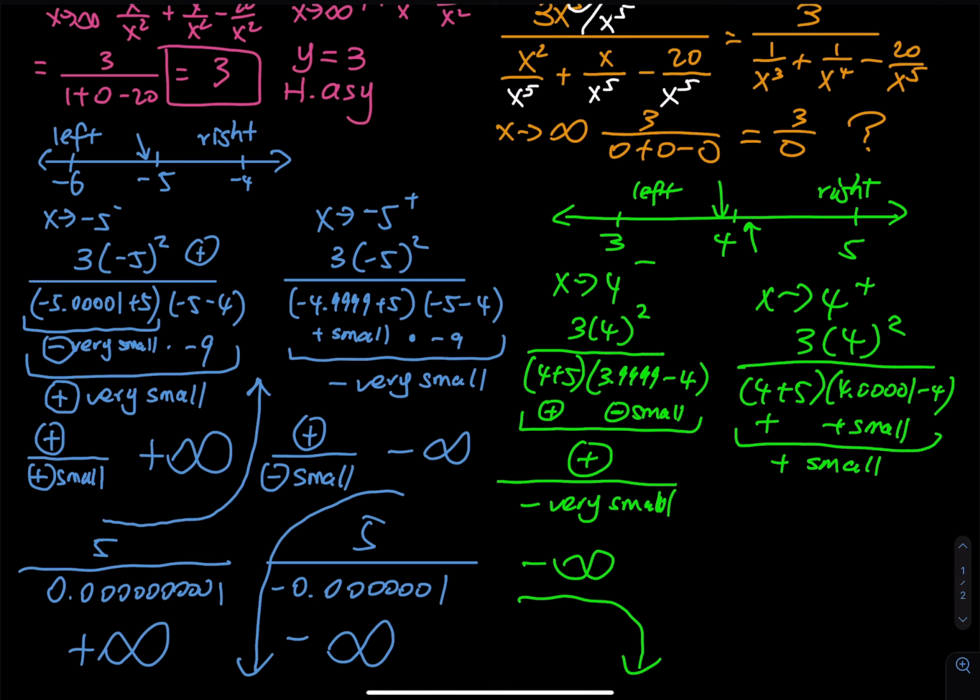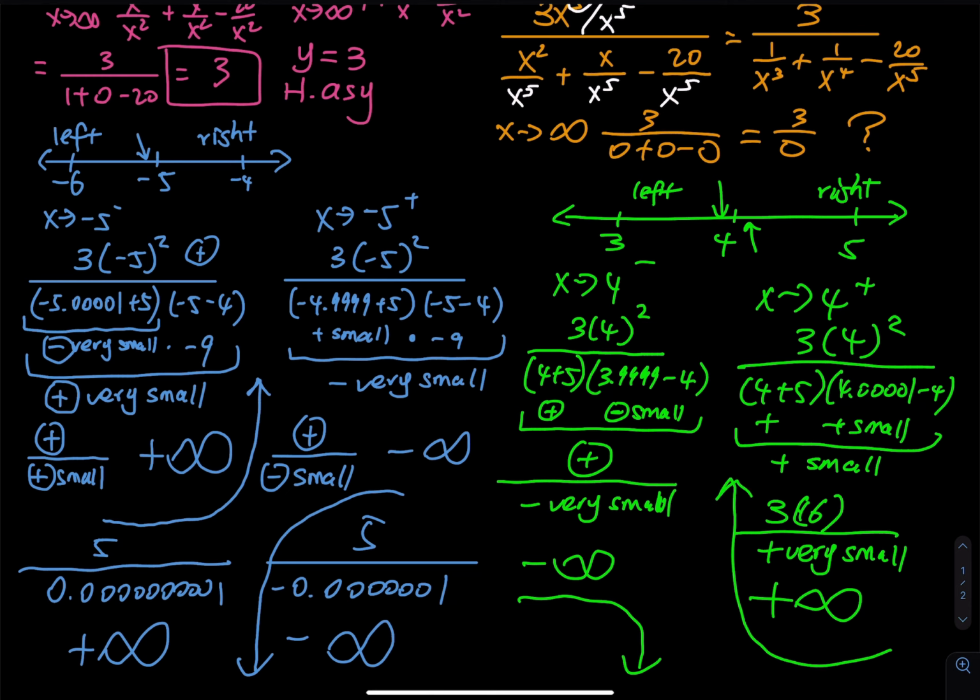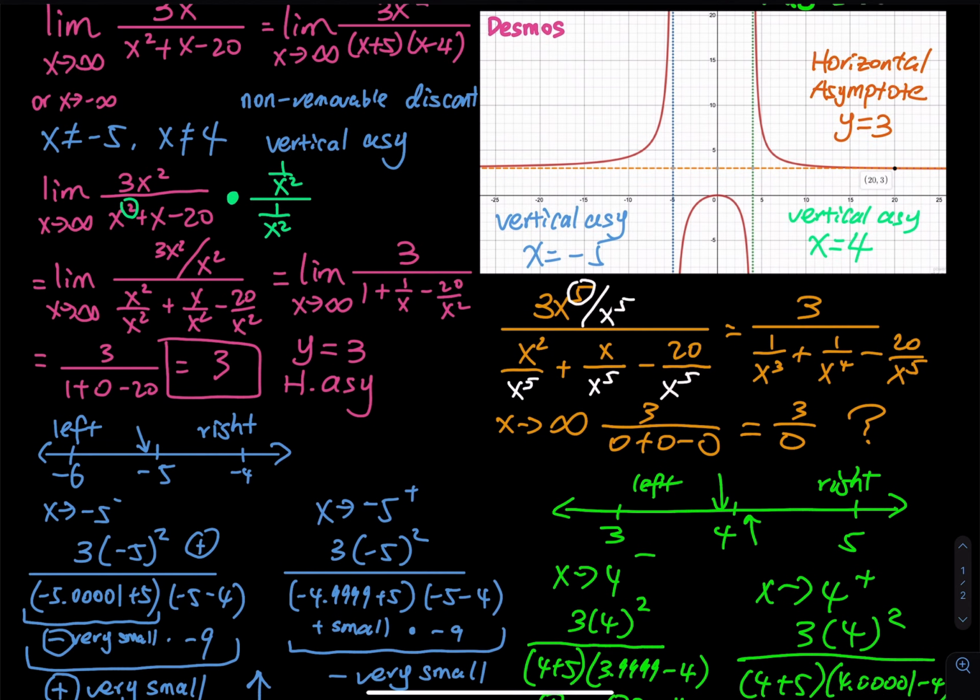So the top is 3 times 16. I don't care what that equals. And then divided by positive and very small. What do you get? So you get a positive infinity. So that's why as x approaches 4 from the right, the curve goes up. Let's use the graph to make sure I am right. Do you see that? x approaches 4. On the left goes down, on the right goes up.